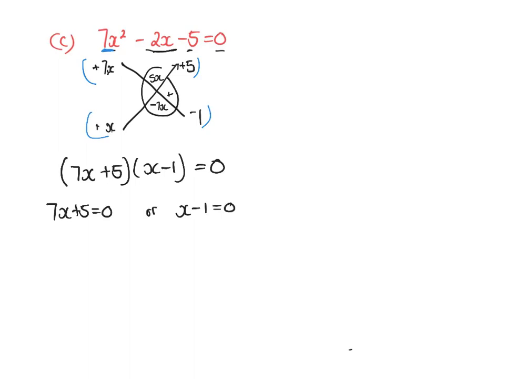And now we just keep solving. Remember, when we're solving, move the things over the equal sign. So 7x would equal negative 5. Now to get x by itself, it'd be negative 5 divided by 7. So you can leave your answer like that, or we do the other one, or x equals positive 1.